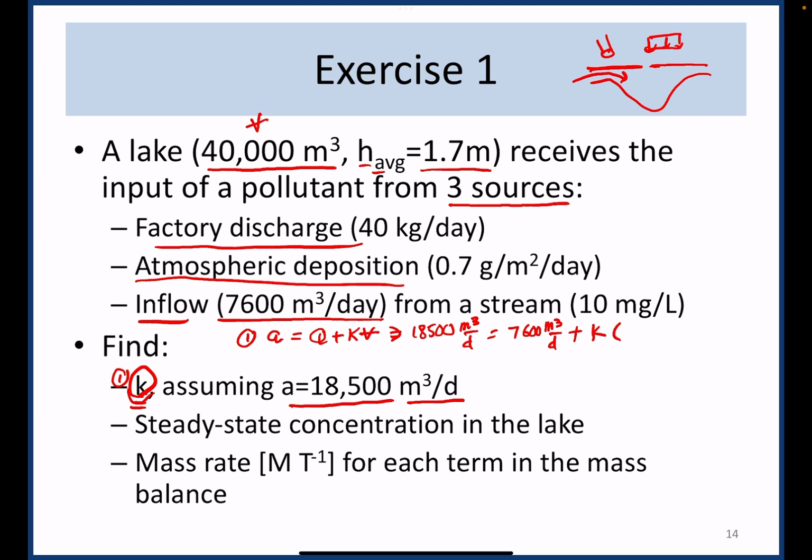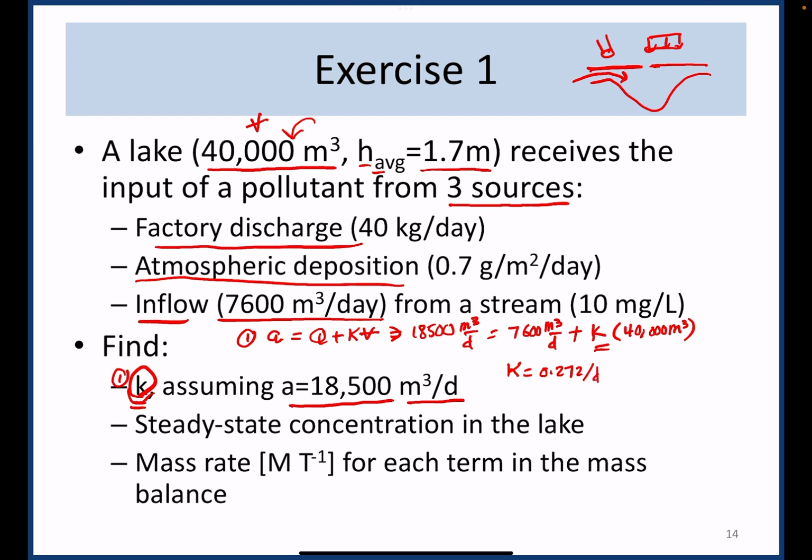The volume is 40,000 meter cube. If you look at the units, K has to be 1 per day. When you plug into your calculator, you will find K is equal to 0.272 per day. That is the first problem.